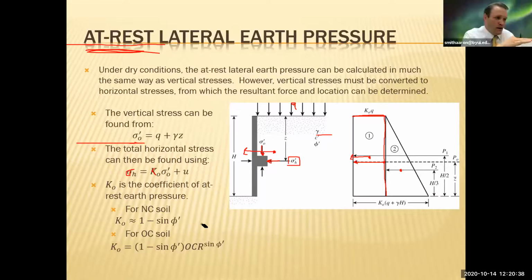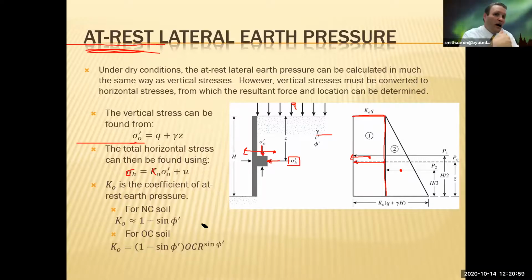So the lateral coefficient of the at-rest earth pressure is 1 minus sine of 30, which would be 1 minus 0.5. So you can see why, on average, it's acceptable to use an at-rest coefficient of 0.5.